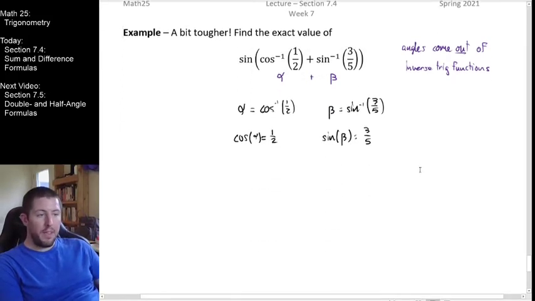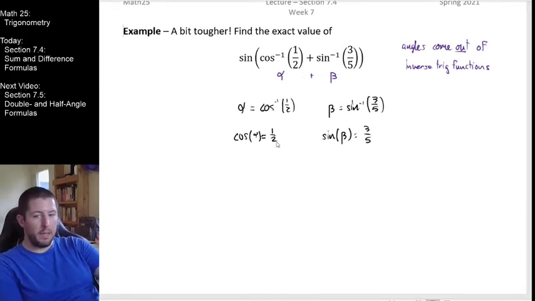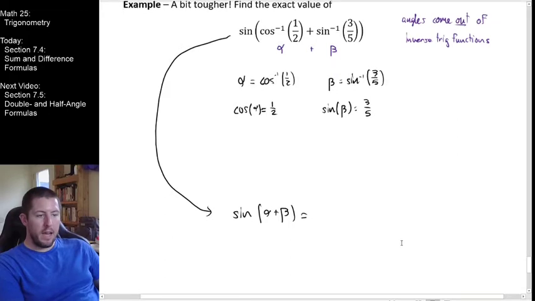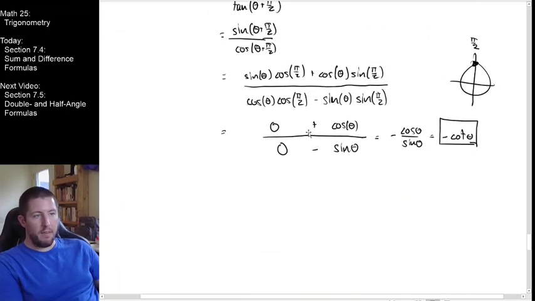So what I'm thinking to myself then, by the way, is that I'm going to leave some room because I know what's coming. I'm going to leave myself a little gap right here. I'm going to say that this expression I should be able to rewrite as sine of alpha plus beta. And therefore it seems like I can use my sum formula for sine, right? And I think we did that right here. So I'm going to follow this one.